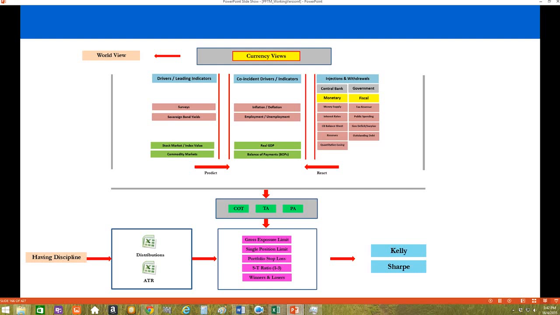And if you walk into any hedge fund and you're an investor in the hedge fund, you'll obviously be wanting to know what their process is for selecting their positions. And this is a typical systematic process that you would see at any major hedge fund in the world.